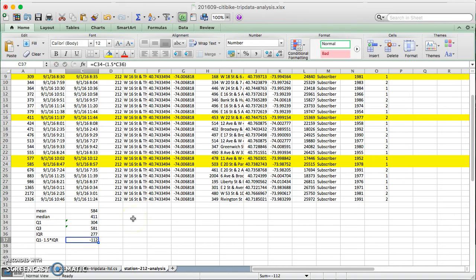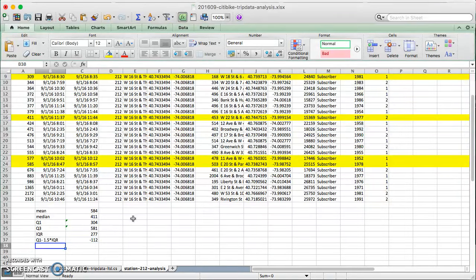Now, obviously, negative 112 seconds is meaningless in the context of our data set. So this is a good reminder that you can end up with values in doing this analysis that don't have any real world relevance, right? Negative time does not apply.